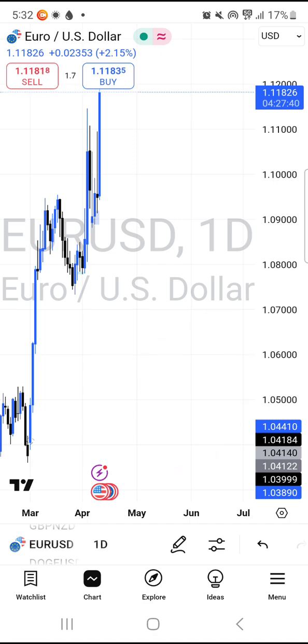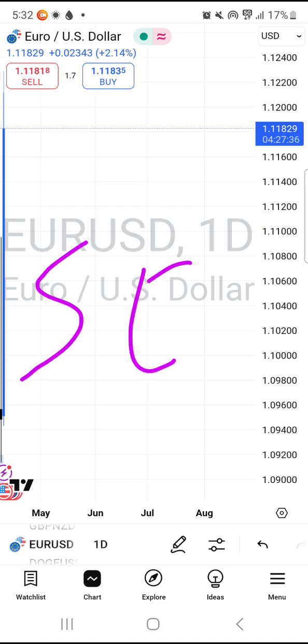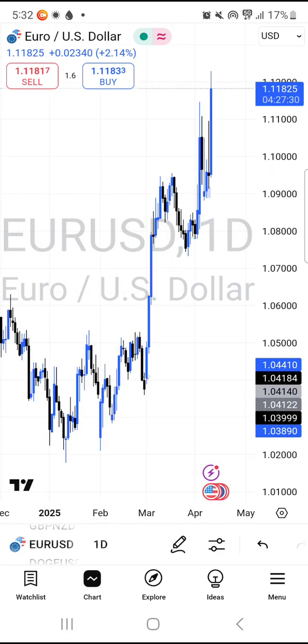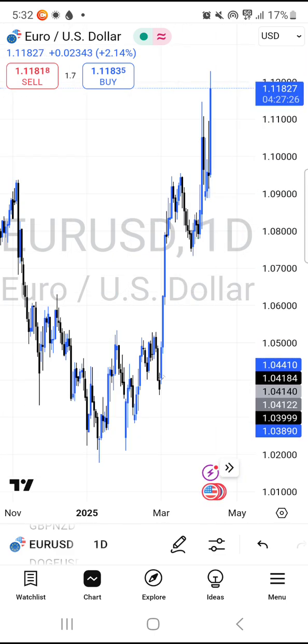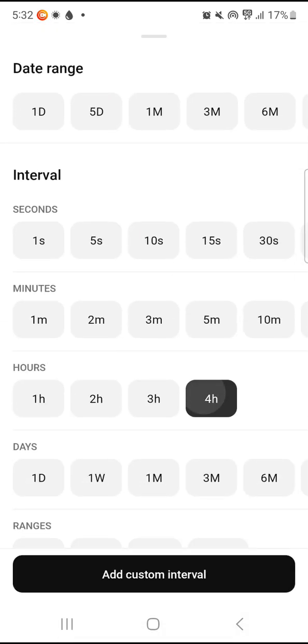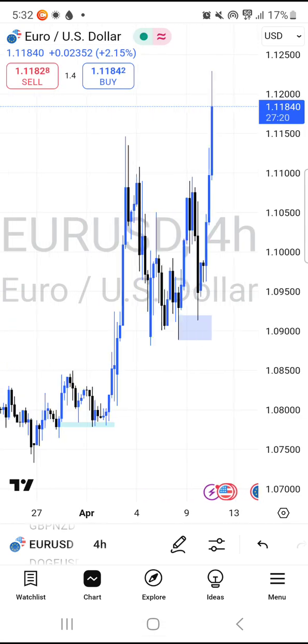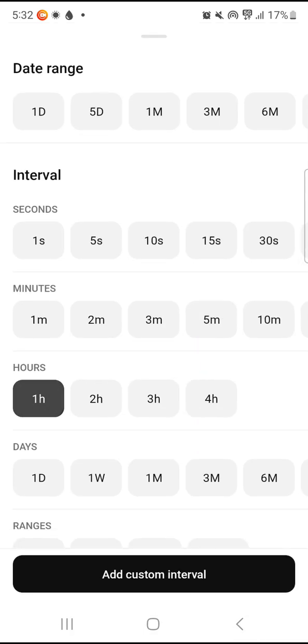In a downtrend, you want to look for sales. See that? So when you look at the daily time frame, you go to the 4 hour time frame. You go to the 1 hour time frame.